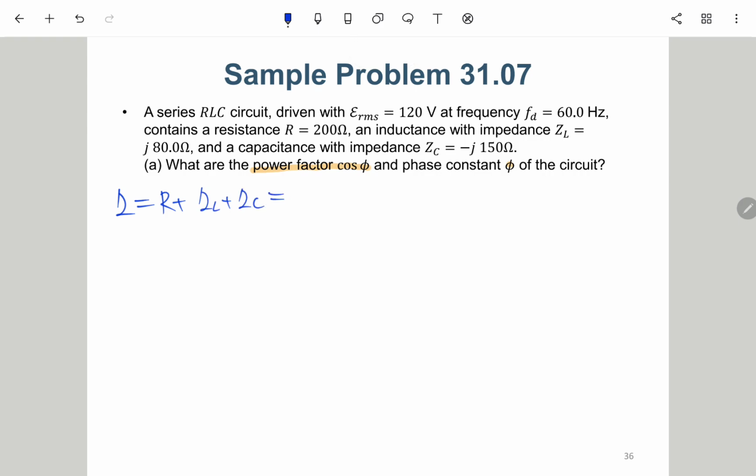So it will be R to be 200, plus ZL is j80, and then this is j negative 150. So j80 minus 150. We just add them together, so it turns out to be 200 minus j70. The SI unit is still ohm.